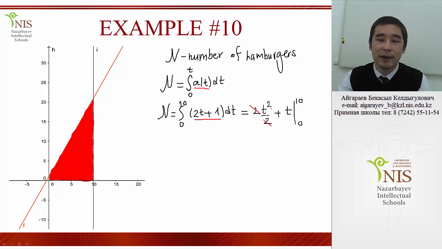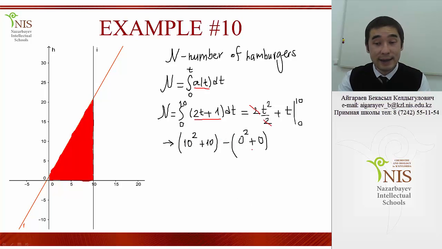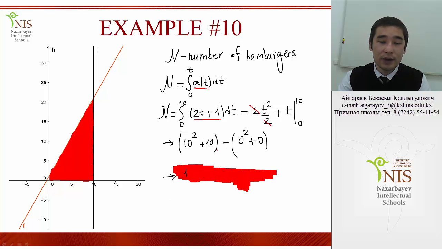So my last expression will be t squared plus t from 0 till 10. We insert 10 and get 10 squared plus 10. We insert 0 and get 0. And the answer will be 110 hamburgers.